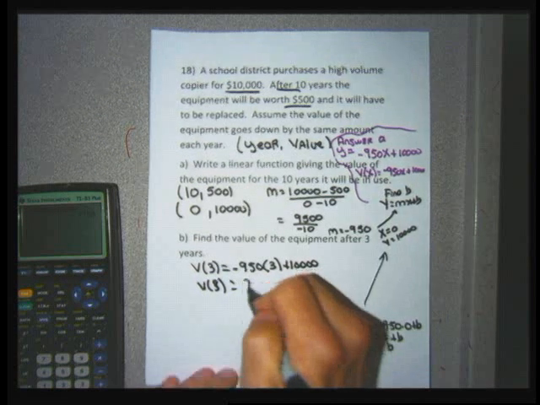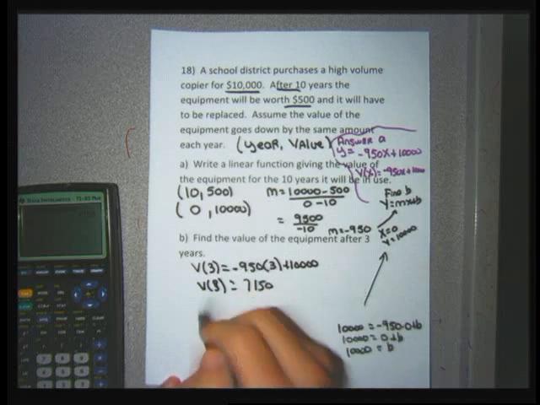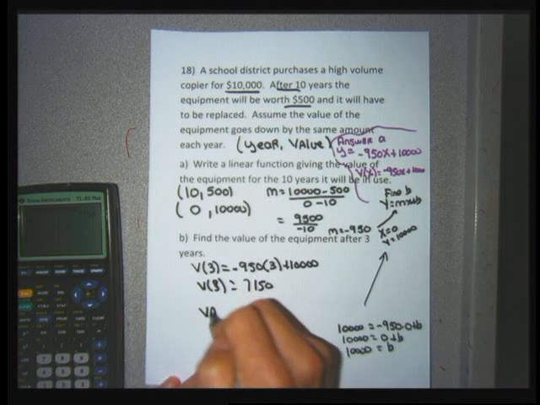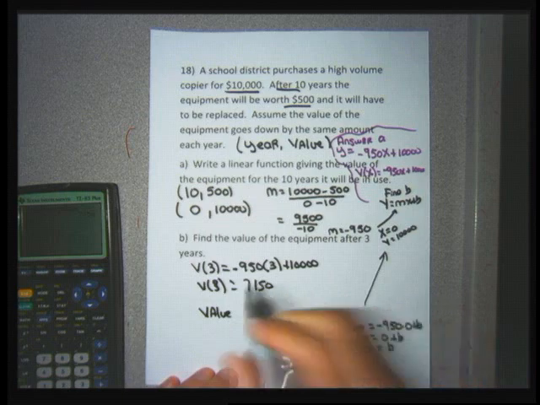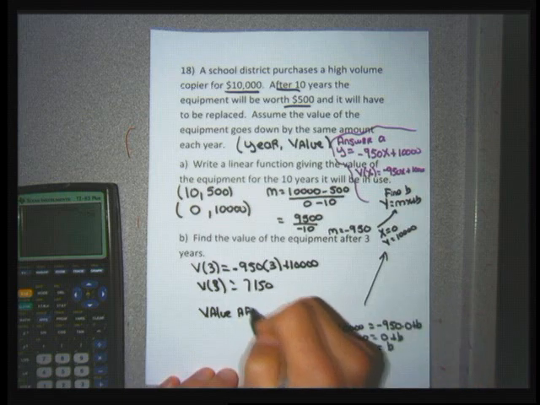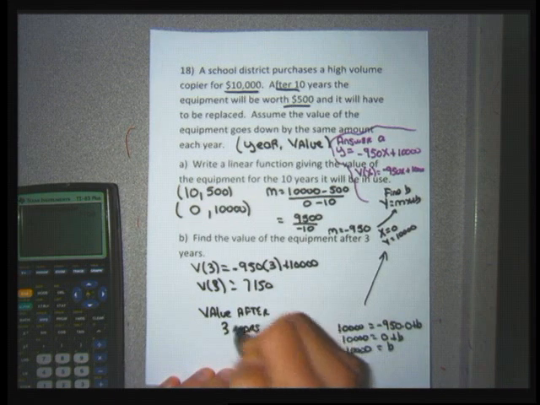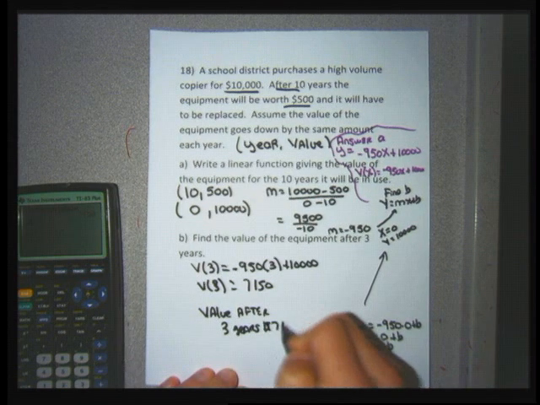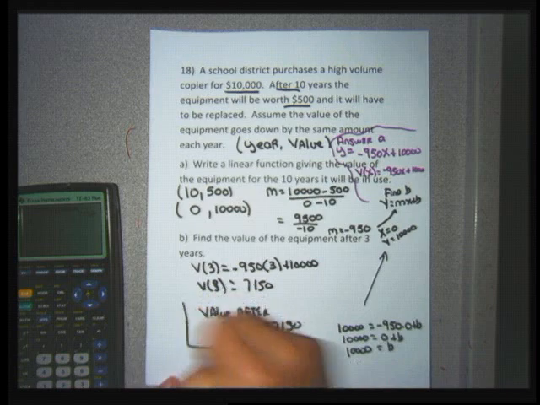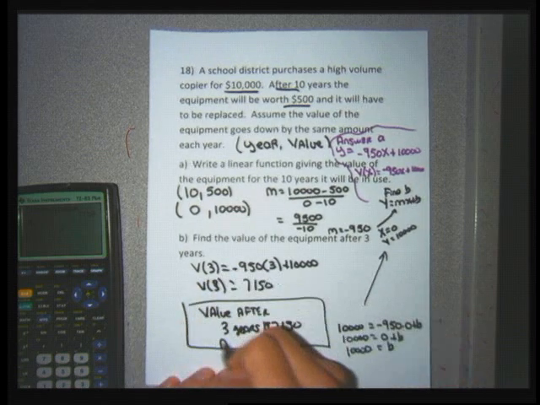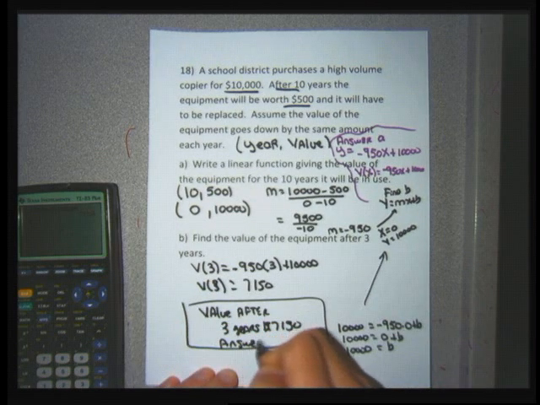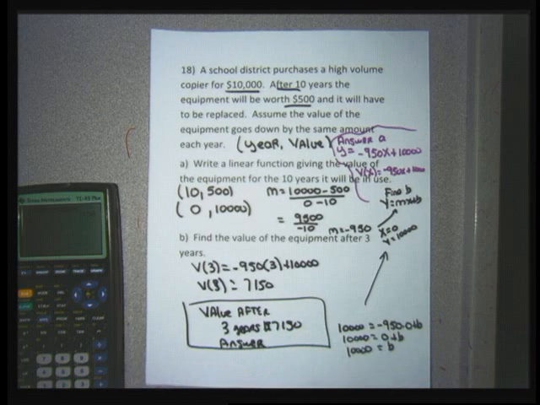And that tells me that after 3 years, the value of the copier is $7,150. So that's the answer to part B. That's all that's asked for.